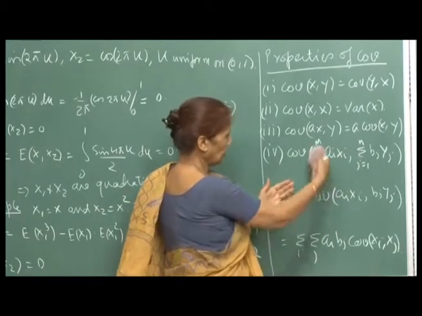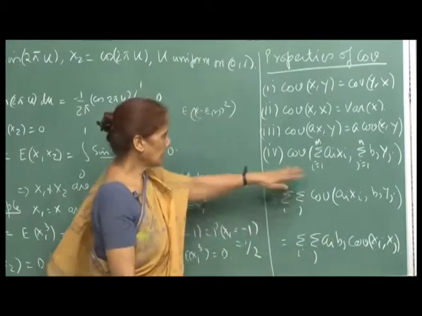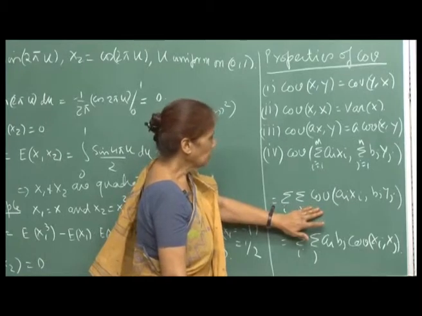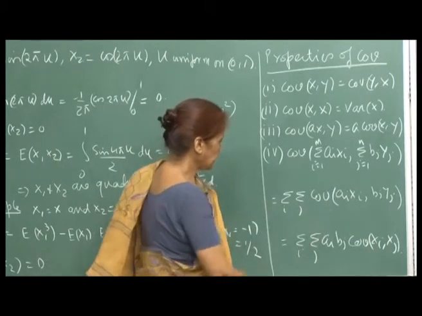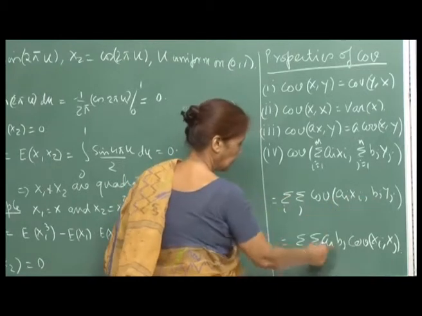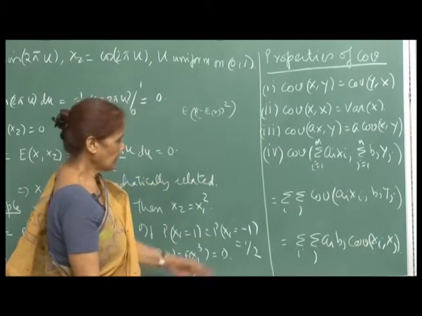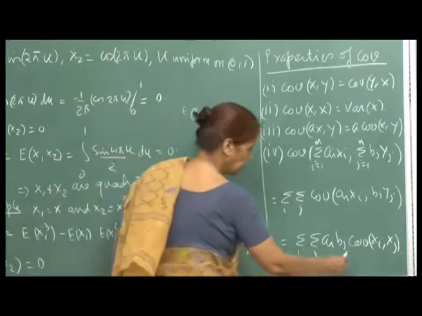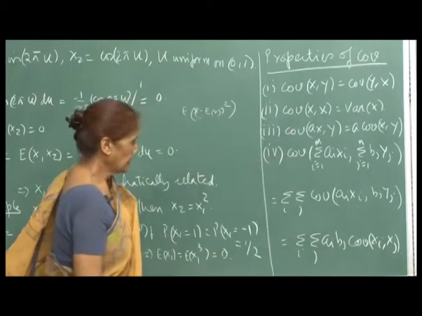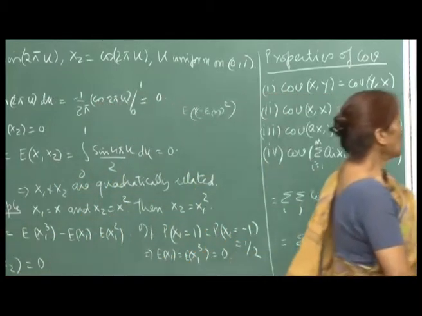Since expectation is a linear function, I can take it inside the summation sign. So, the summations will be outside, A i b j will come outside, and this will be covariance of x i, x j. This is the general expression, and I will show you a nice application of this after a while, to see how you can use this formula to simplify some computations.